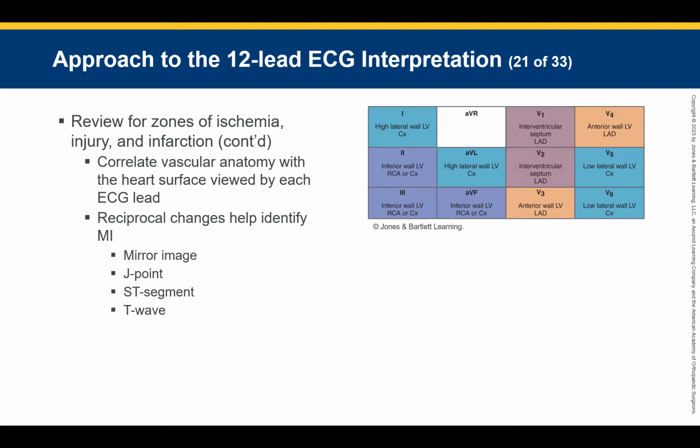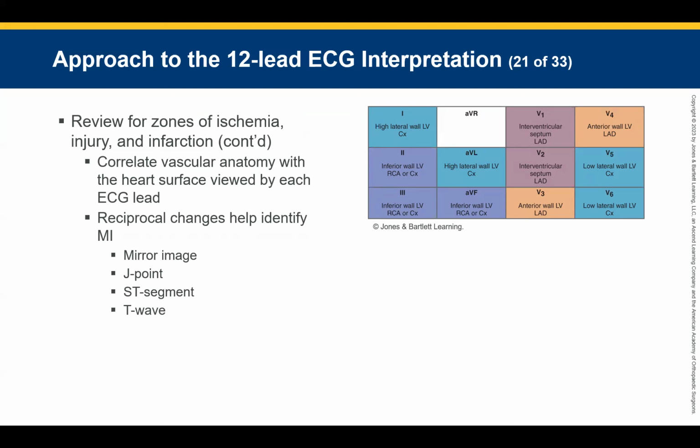So we have certain leads that are going to oppose each other. This is very important, okay? It's called reciprocal changes. You don't have to have these, but if you have these, you have a home run STEMI.